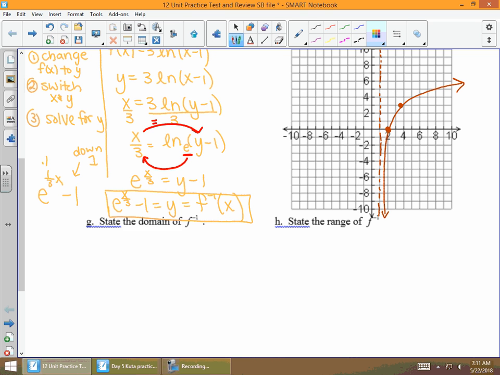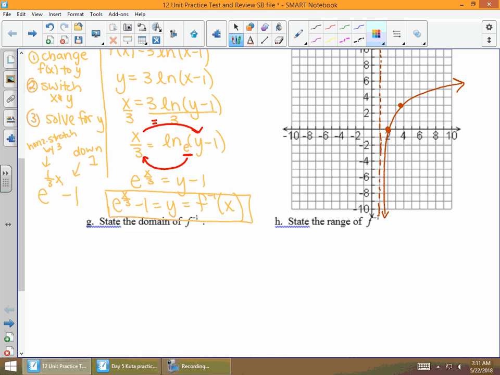And the 1/3 on the inside of the function is going to be a horizontal stretch by 3. The other way you can graph this is, if you're sure you graphed the original function right, switch your x's and y's, and that'll give you the correct ordered pairs.